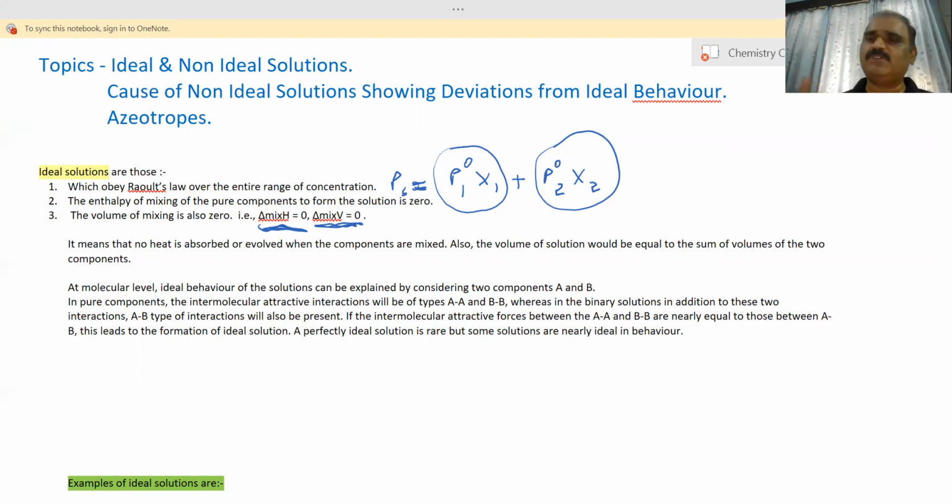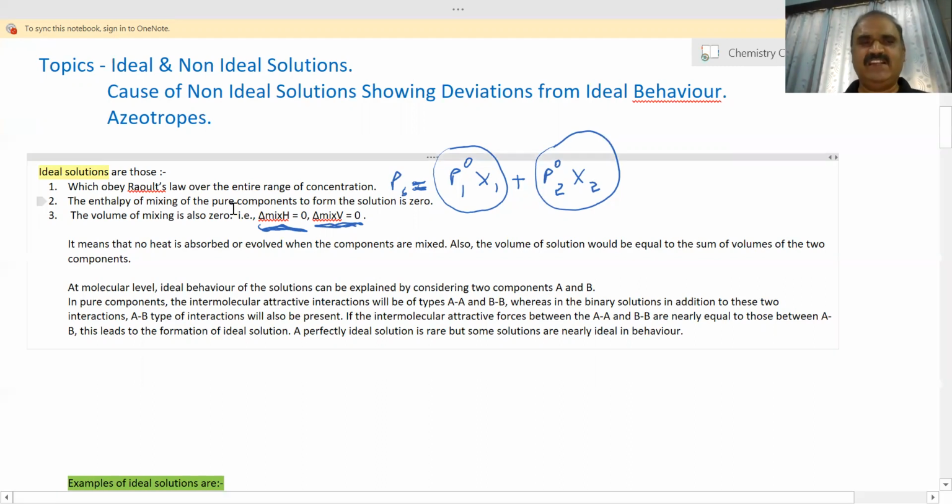There should be no change in volume on mixing the components. So it means that no heat is absorbed or evolved when the components are mixed. Also, the volume of solution would be equal to the sum of volumes of components.